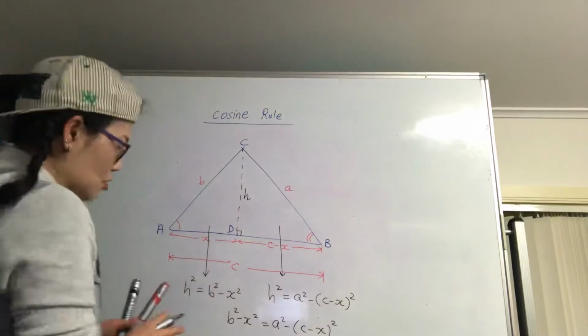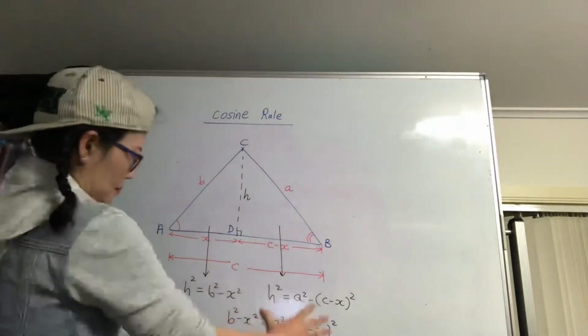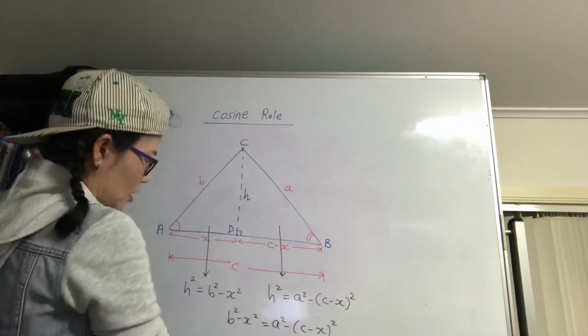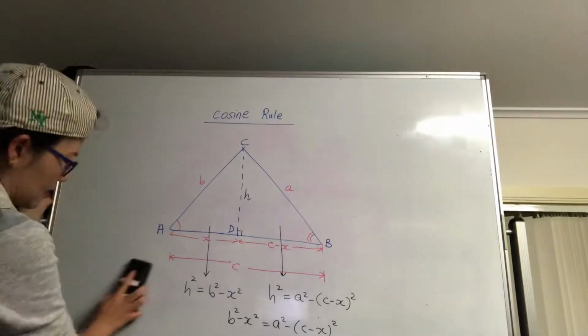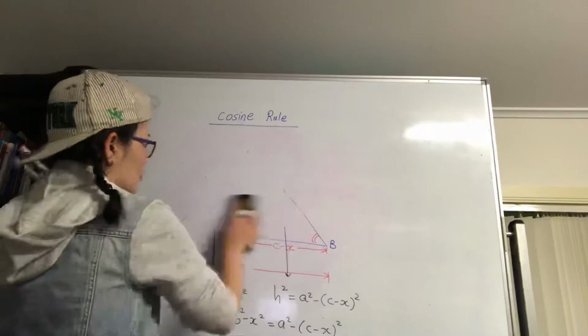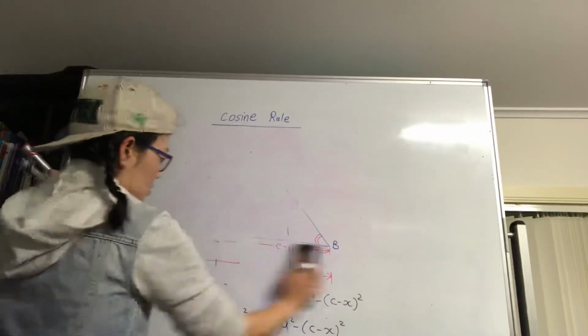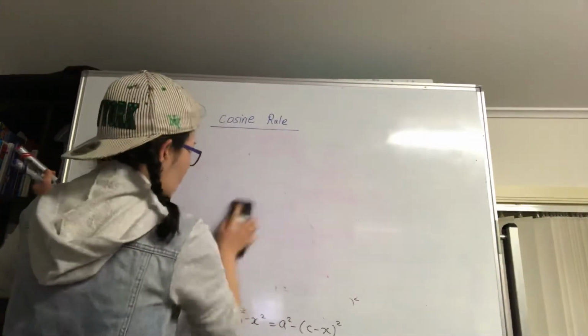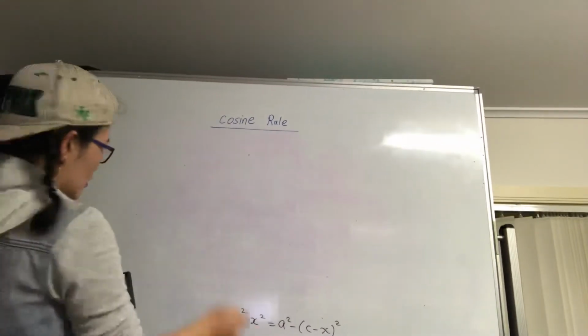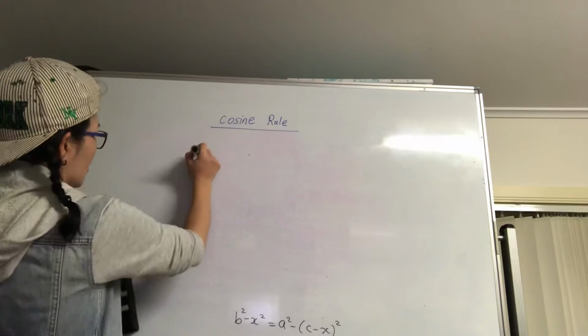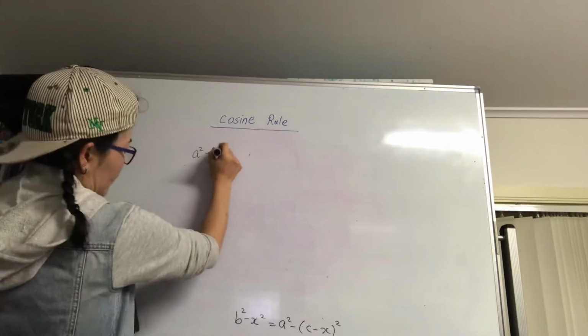Okay, so that's not too bad. Now I'm going to make A squared the subject. I'm going to clear all this out so that we have space to make A squared the subject. I'll write it like this.